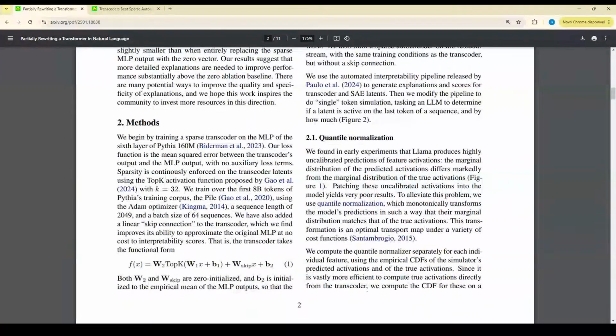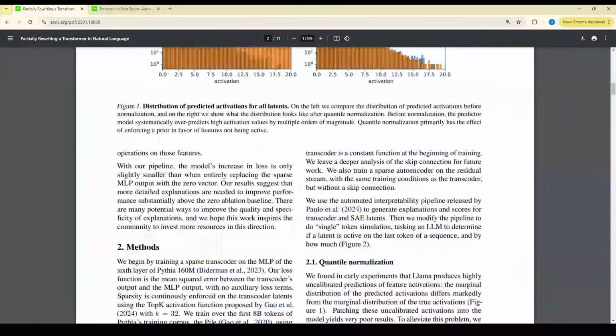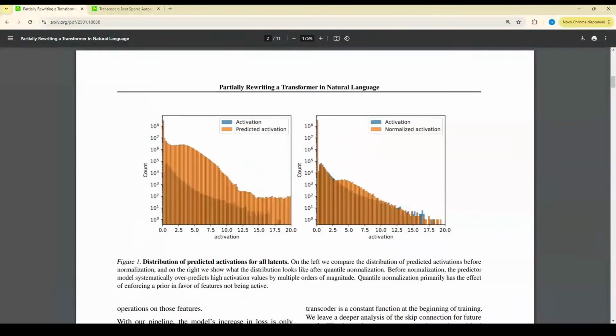We explain the process of quantile normalization here in a bit of detail. I'm just going to wave my way through. Quantile normalization is a transformation that you do to your data that has a given distribution, and you try to transport it to another distribution.